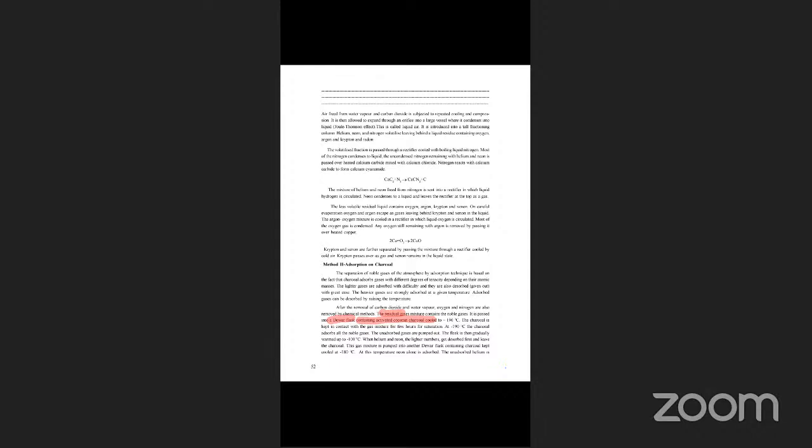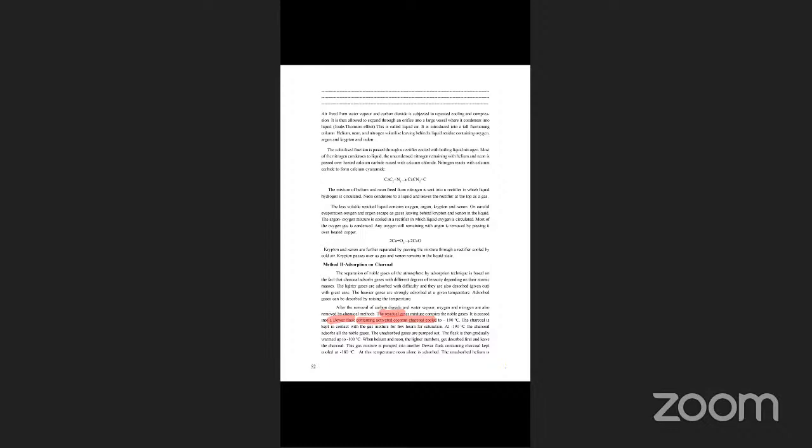The charcoal is kept in contact with the gas mixture for a few hours for saturation. They leave it for a few hours for adsorption. The gases are adsorbed on the charcoal.